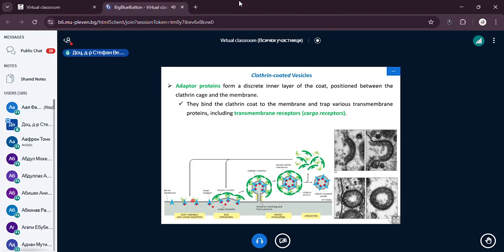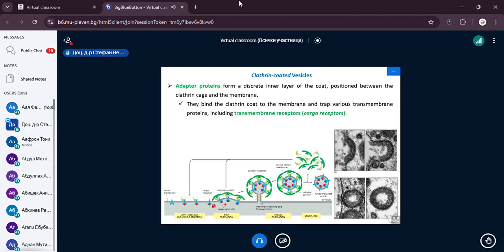Initially, in the region where the clathrin coated vesicle will be formed, in the plasma membrane there is accumulation of receptors and special adapter proteins which are binding these receptors close to each other in the region of the plasma membrane.